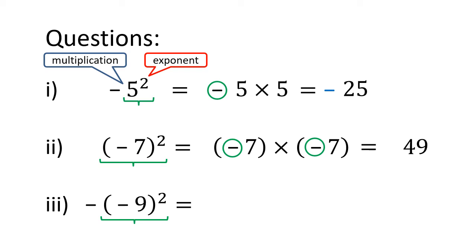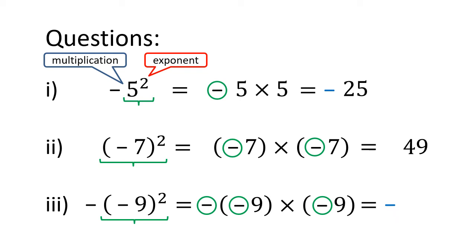Brackets negative 9 squared is equal to bracket negative 9 times bracket negative 9. The negative sign just stays the same. Now there are 3 negative signs, so the answer will have the sign negative, and the amount is 9 times 9, which is 81. So the answer is negative 81.